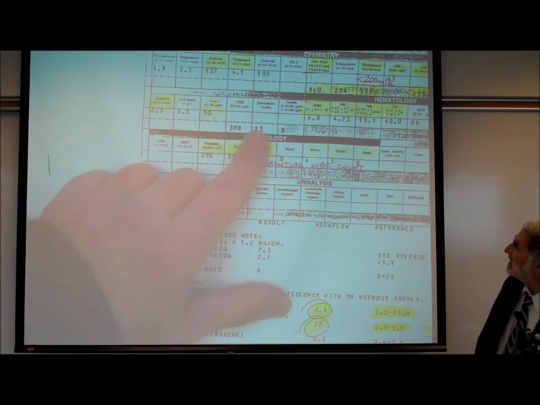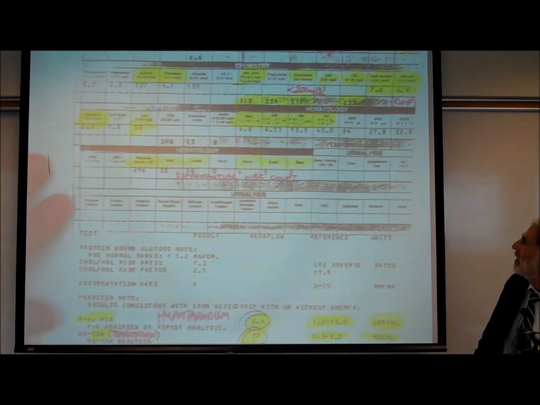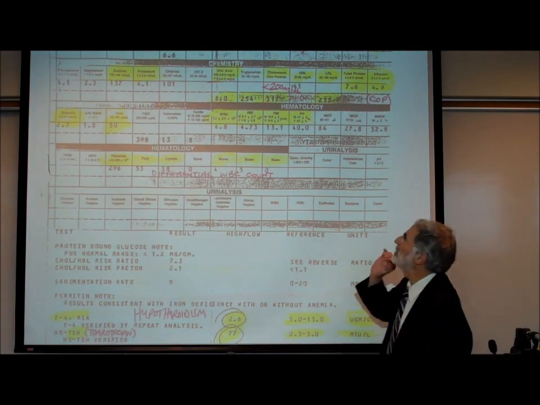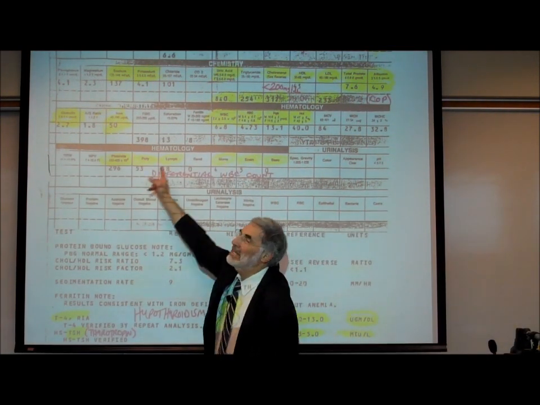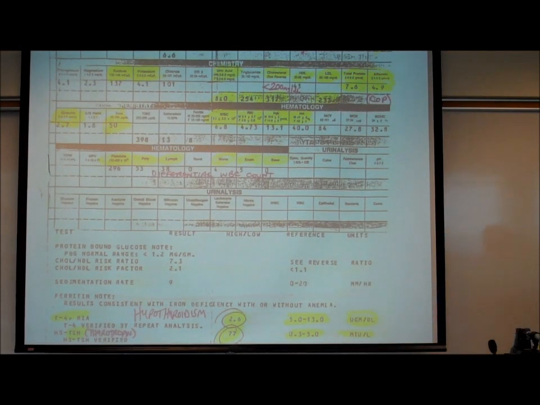Now, there are some things here that are listed that are not in the normal range, but we're not going to talk about them. But we are going to mention WBC, her white blood cell count. Notice how they list the white blood cell count in exponential notation form. That's why I told it to you that way.